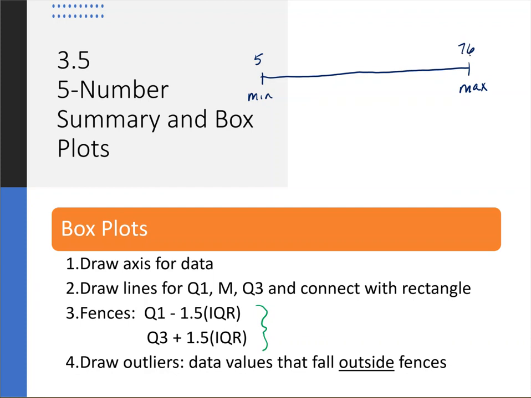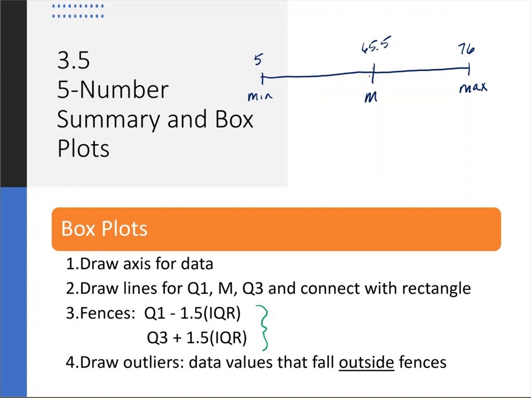The next thing that we're going to put on our construction here is going to be Q1, the median, and Q3. So I'm going to start with the median. The median is at 65.5, and I'll tell you right now, I'm not trying to draw this to scale, so let's just put it here. That was our median value.